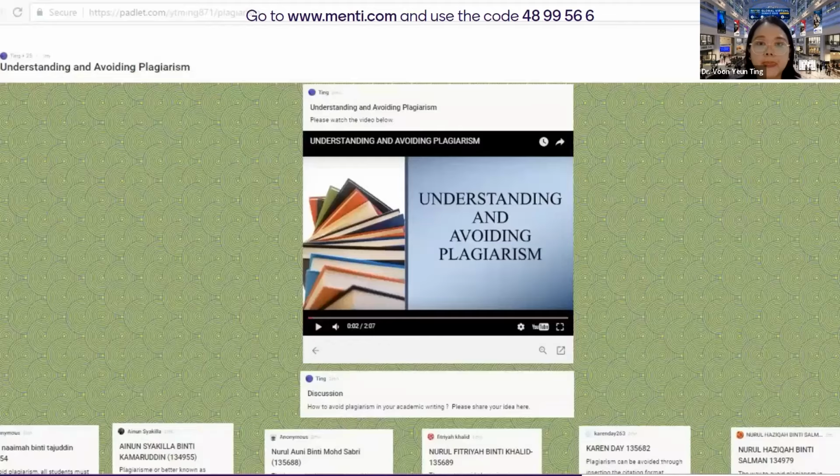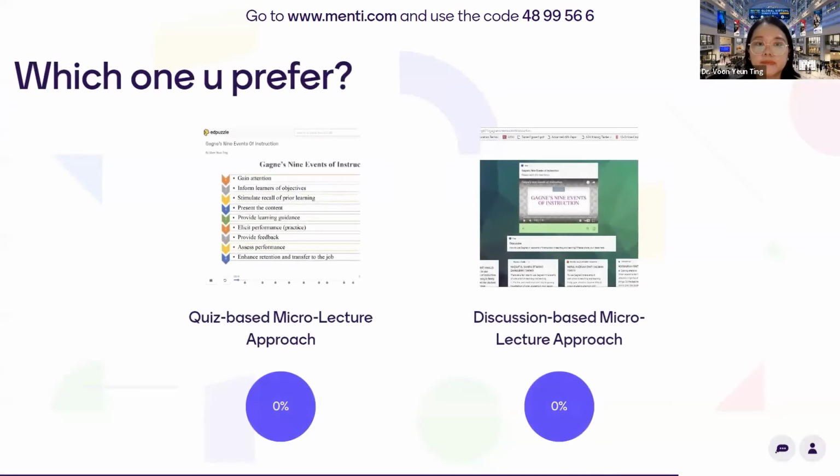Okay. Because I know it's very hard for you all to decide which one you want to choose, but if you were my students, which one would you prefer? Because you haven't known the findings, right? So do you want the quiz-based or the discussion-based? You just click your answer.